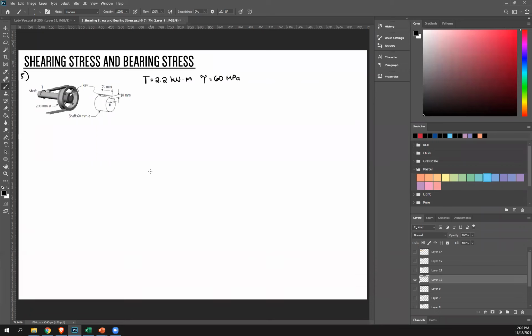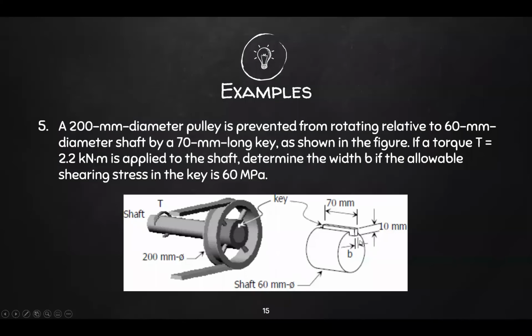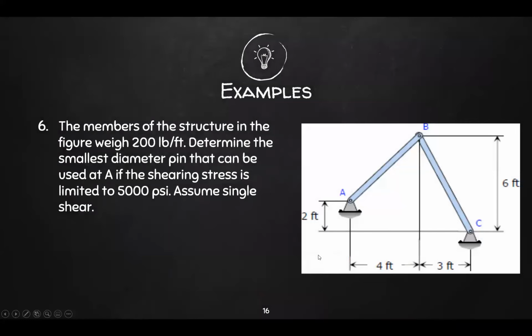To figure that out, you can imagine what's happening. This is your shaft. If it wants to rotate, it's gonna push through this key. And again, we know that that's shearing stress. But specifically where? Remember, shearing stress happens when force is parallel to the area. This is gonna rotate, so there's gonna be a force in the direction of rotation. Specifically here, it's gonna be this way, right?